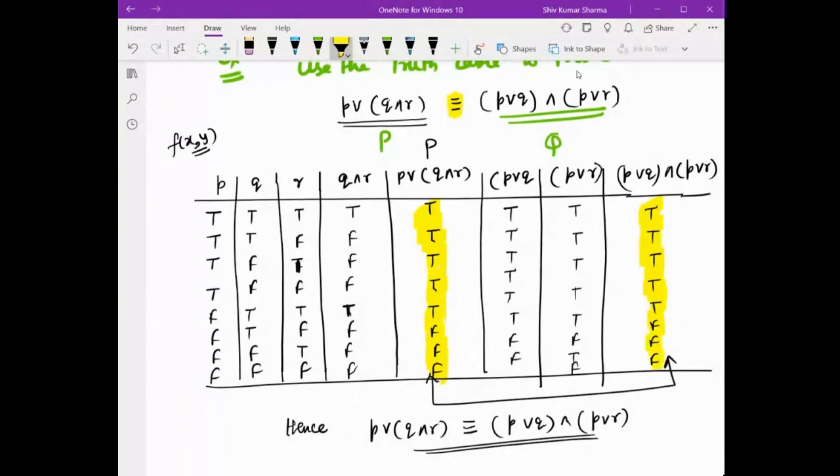Connectives play a very important role, because when you make a single mistake, that means erroneously you want to write true but you write false wrongly, that means the complete table is wrong. So carefully use all the connectives without any mistake.